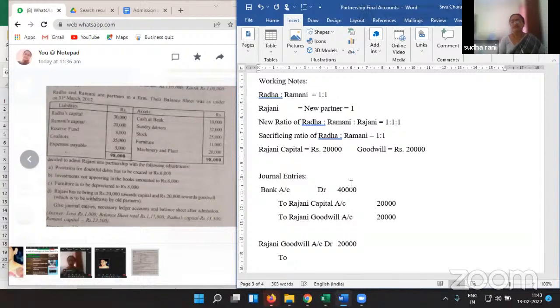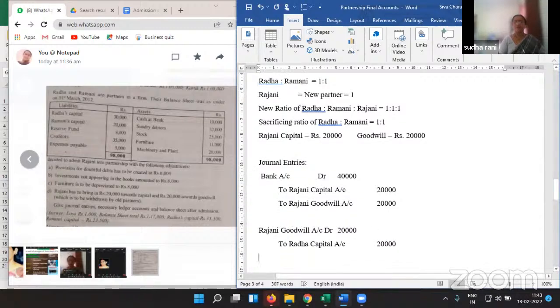To Radha capital account 10,000, to Ramani capital account 10,000.